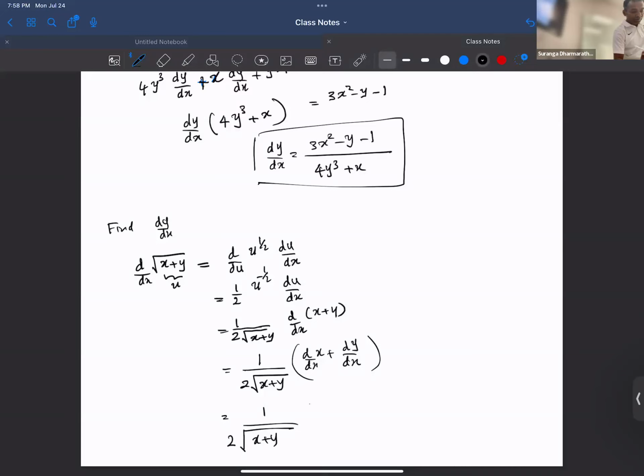And then here it's 1 plus dy over dx. I think that's all you can do in that problem.